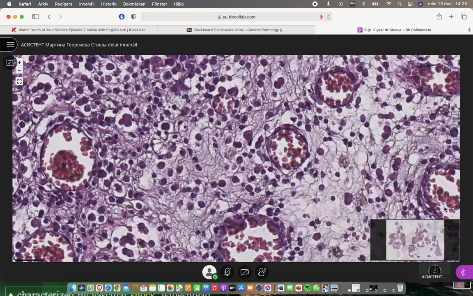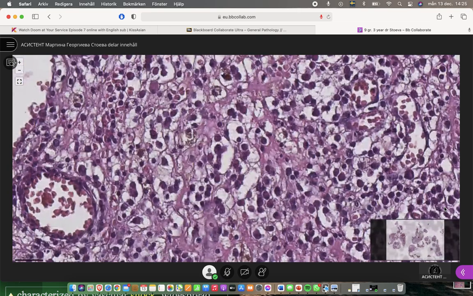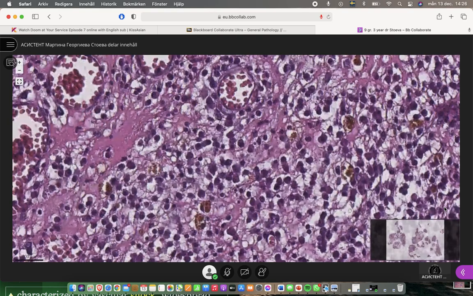That's why the inflammatory cells that accumulate in the stroma are mixed. We can find both polymorphonuclear cells together with mononuclear cells, lymphocytes and plasma cells. Also, because of hemorrhages, you can see many siderophages, these macrophages with granular brownish pigment.